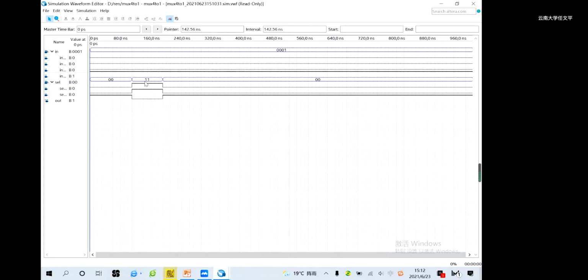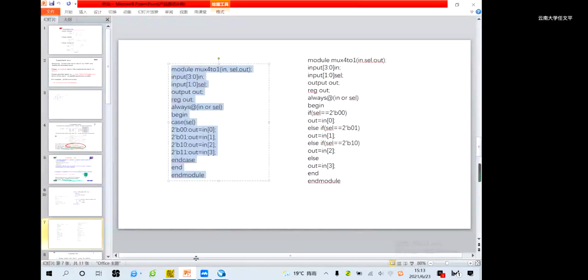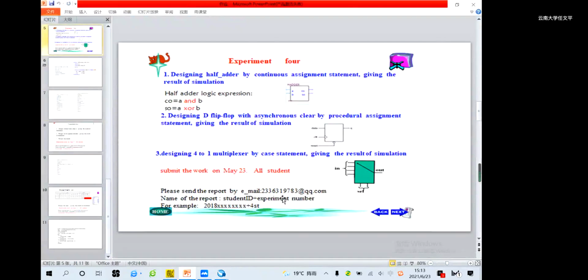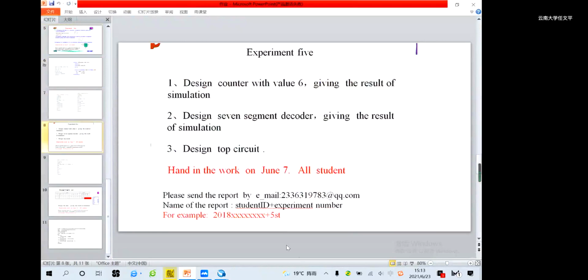When the sel is 11, the output is the high bit, and the high bit is 0. So when the sel is 11 the output is 0, so this is the simulation output. OK, experimental 5.